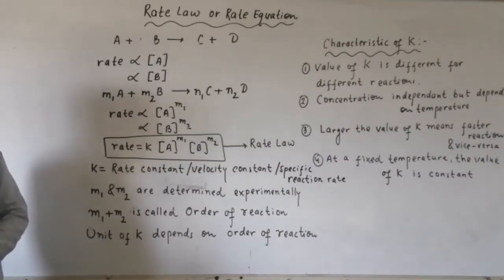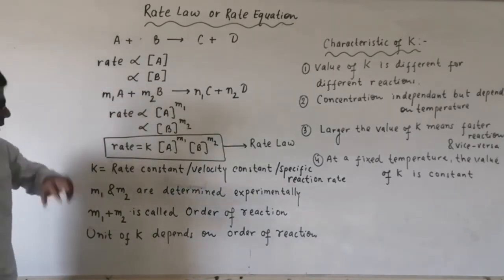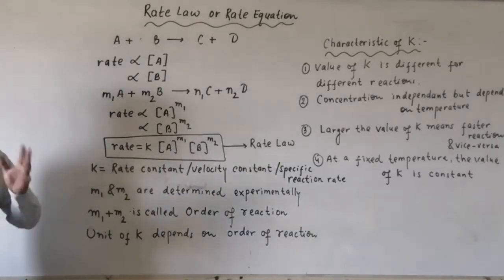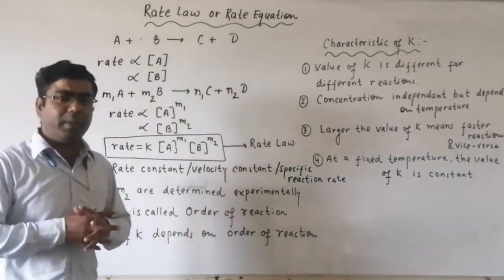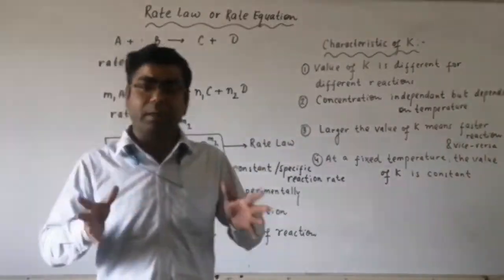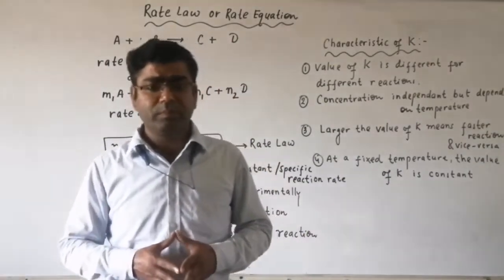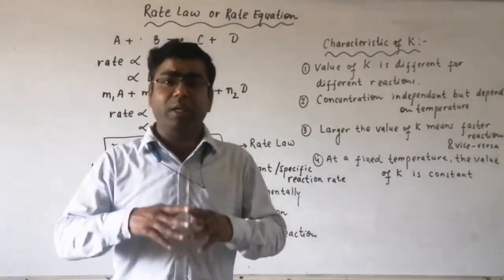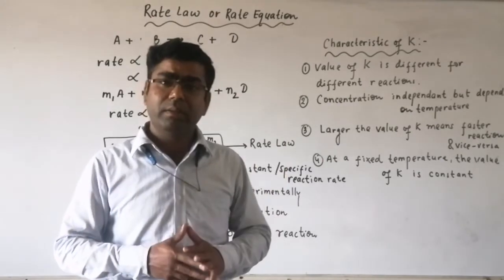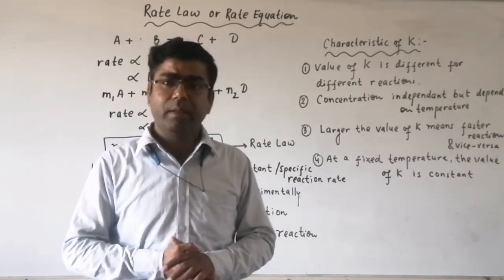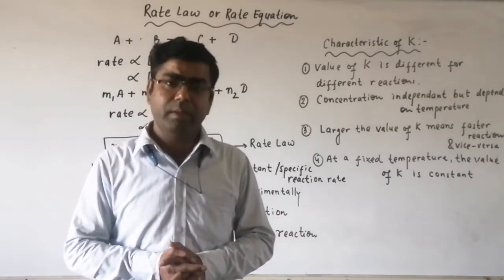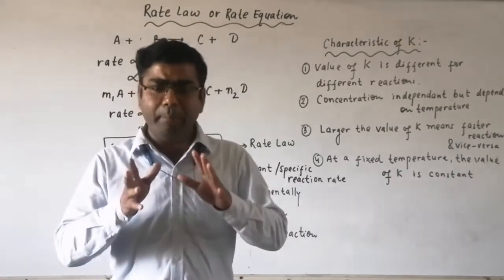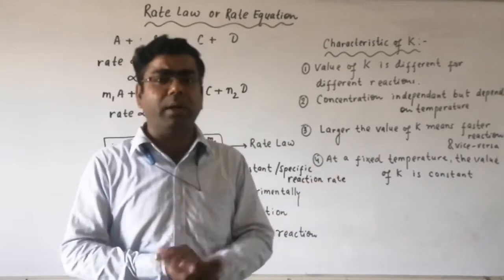An important point here, unit of K depends on order of reaction. If value of M1 plus M2 is 0, it is called zero order reaction. It is possible that the rate of reaction does not depend on the concentration of the reactant. Value of M1 plus M2, it can be 1, first order reaction. Value of M1 plus M2, it can be 2, second order reaction.